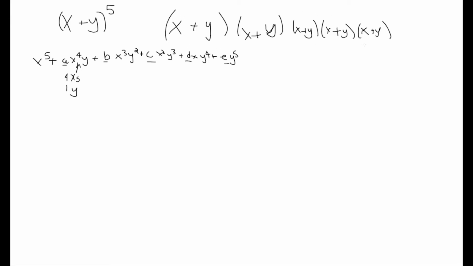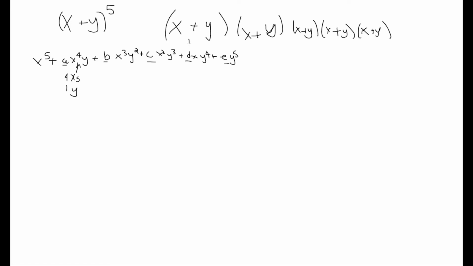When we're multiplying these together to form our terms, essentially what we're doing is we're picking either x or y from each of these x plus y's, and whatever number of x's or y's we pick results in a term.